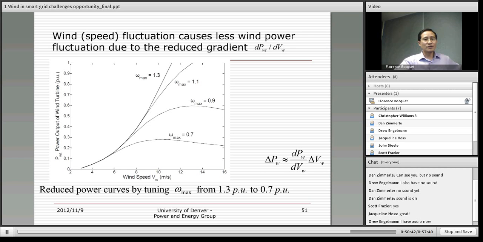That means we see less fluctuation, because this delta PW is the fluctuation from the wind power, caused by the wind speed fluctuation. So by tuning down omega max, we can achieve reduced fluctuation. Some people have looked at this. It's called deloaded control of wind turbines, and you can use this deloaded control for frequency control purposes.